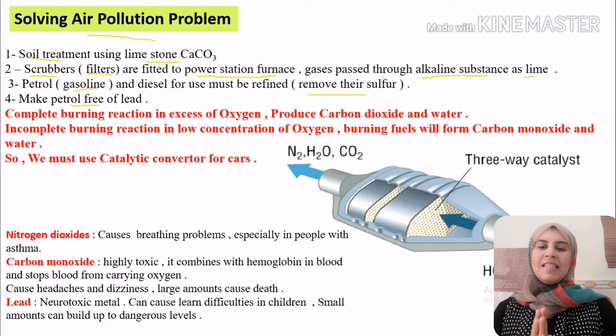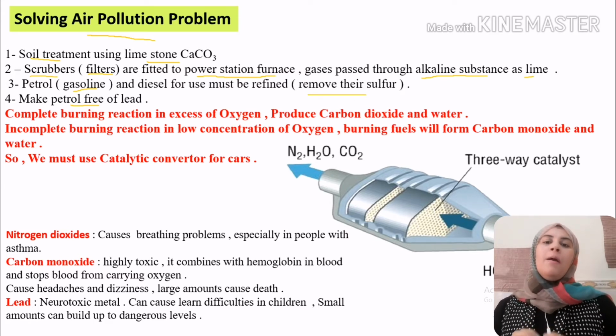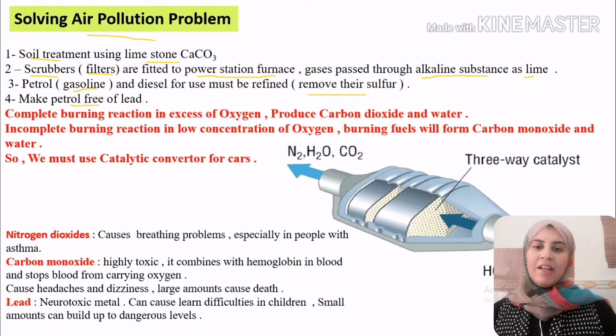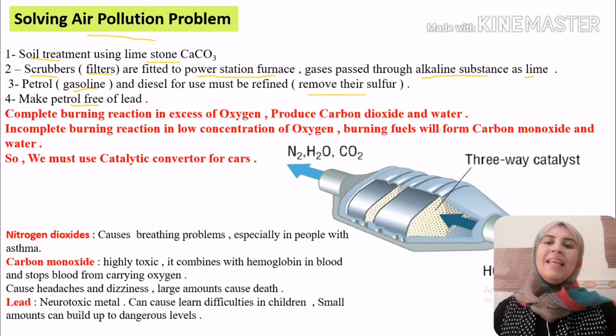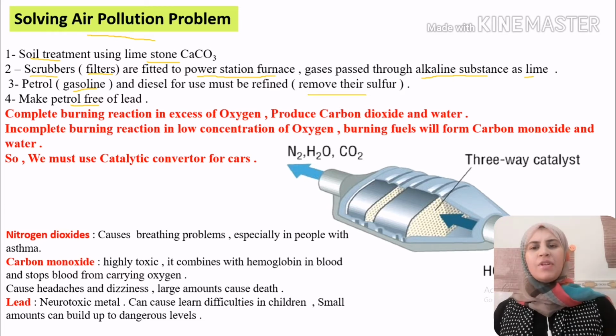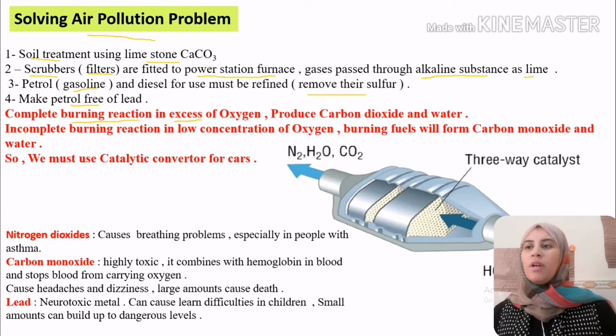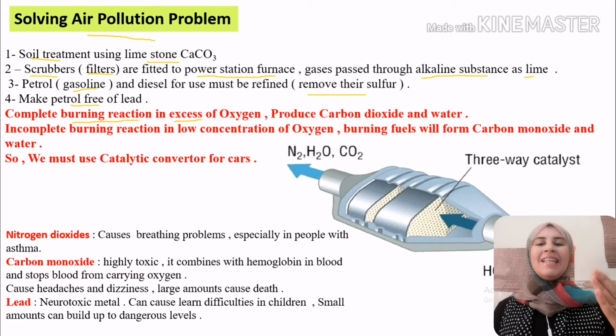We can also decrease the level of air pollution by using complete burning reaction instead of incomplete burning reaction. What is the difference between them? In complete burning reaction, we burn fossil fuels in excess of oxygen, and we will have carbon dioxide and water, which are less toxic to the air.